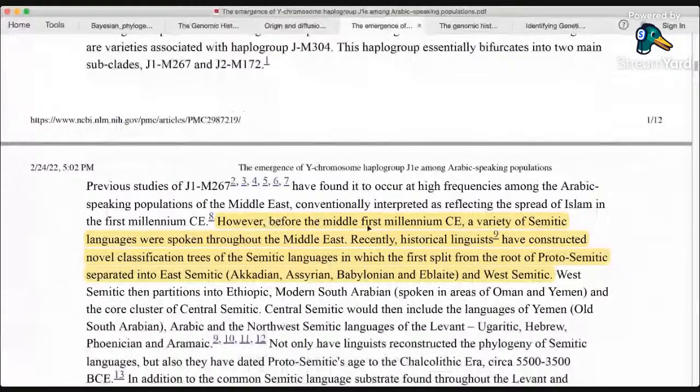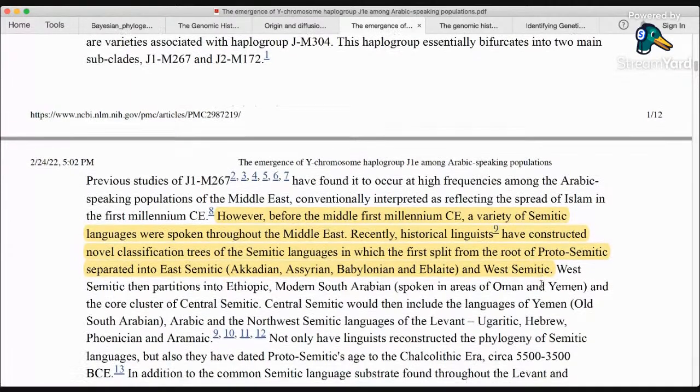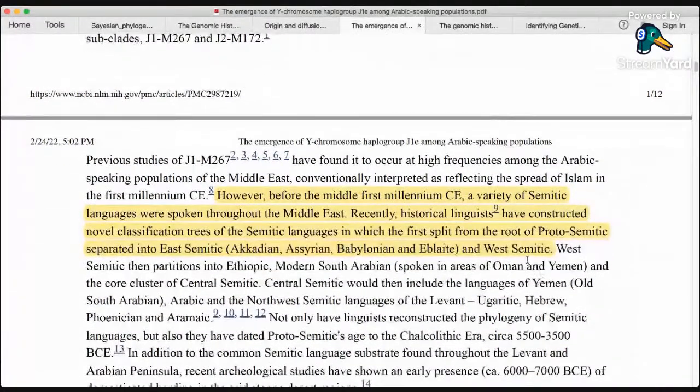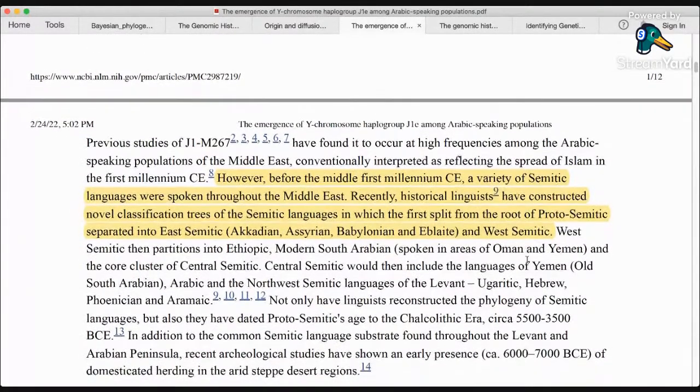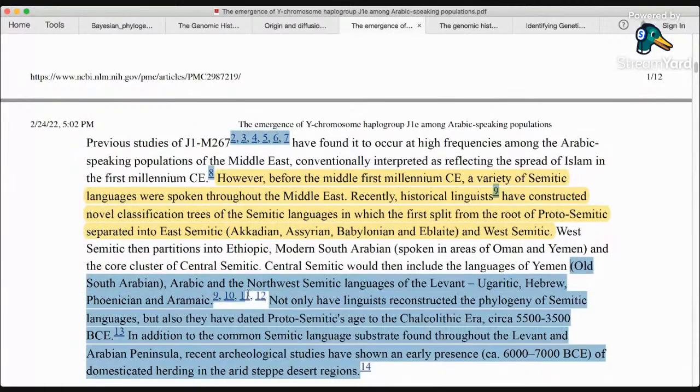However, before the middle first millennium CE, a variety of Semitic languages were spoken throughout the Middle East. Recently, historical linguists have constructed novel classification trees of the Semitic languages in which the first split from the root of Proto-Semitic separated into East Semitic, Akkadian, Assyrian, Babylonian, and Eblaite, and West Semitic. When they refer to West Semitic, it's talking about the Proto-Semitic. It's an old Arabic language of Arabia. Old Arabic.